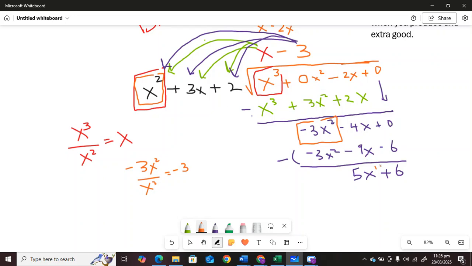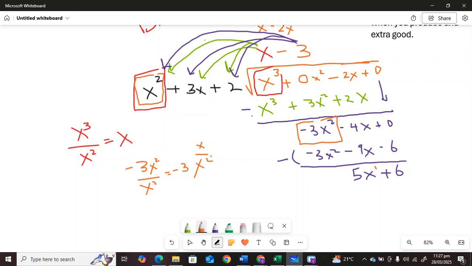If this was an x to the power 2, we would have continued, but since now it's x to the power 1, you can't now divide x by x squared. Mathematically you can do it, but with long division for polynomials, you should never have a situation where your numerator has a lower exponent than the denominator.